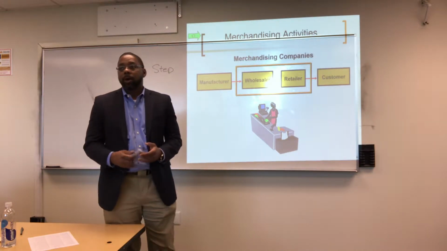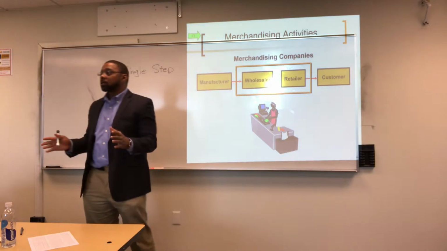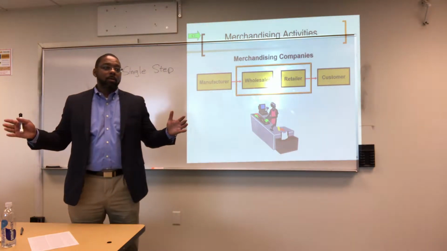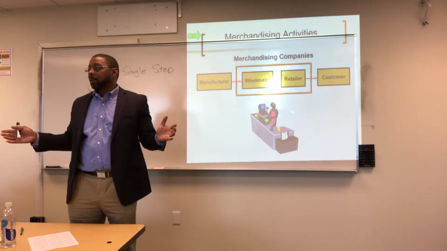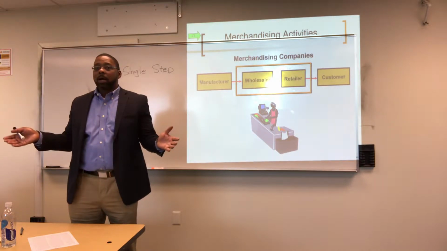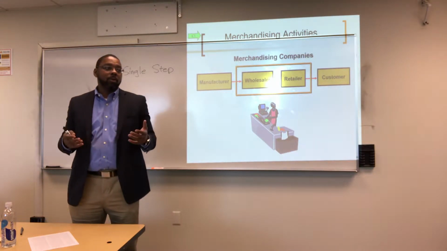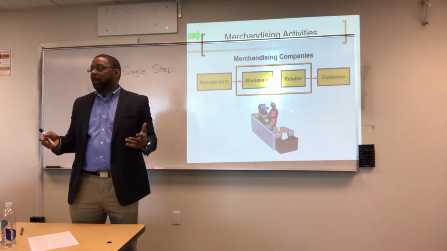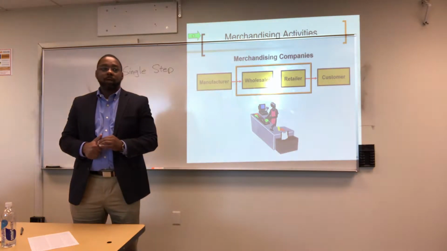Why? Because Procter & Gamble sells Tide in bulk, basically by the pallet. And I don't know about your house, but in my house, my kids are pretty dirty, but they don't need a pallet of Tide to get us through the week, right? You only need one box.